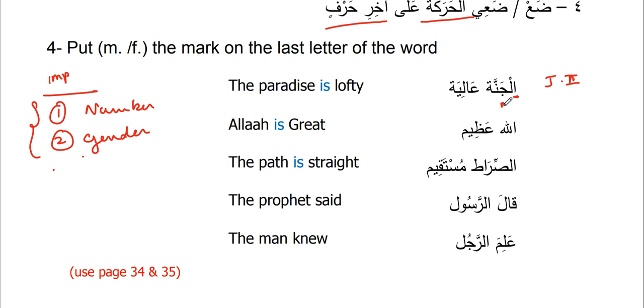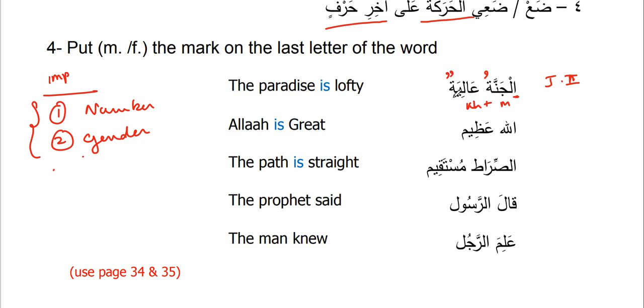So when you know this is mubtada, what is it going to have on the last letter, the ta marbuta? Dhamma, and single dhamma. Why? This is marifa. After mubtada there is a khabar. You know khabar falls under which position, and this is nakira. So what will you put? Tanween dhamma. That's how you know what to put on each noun.